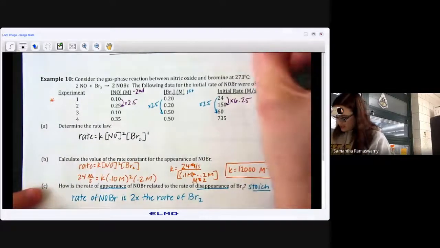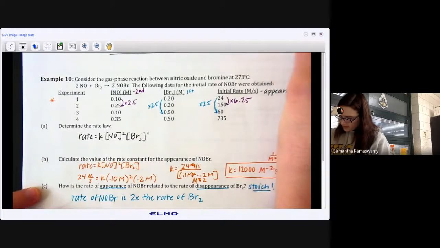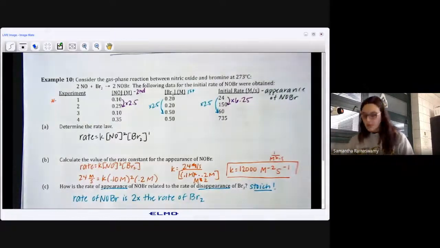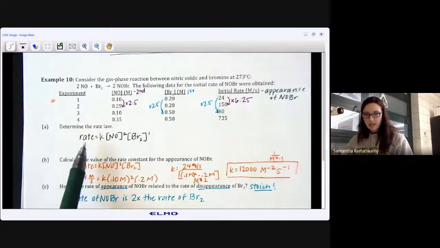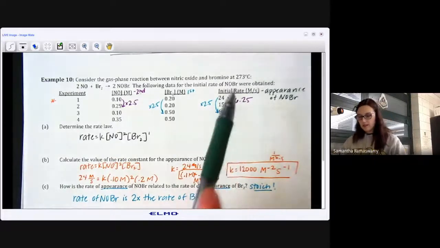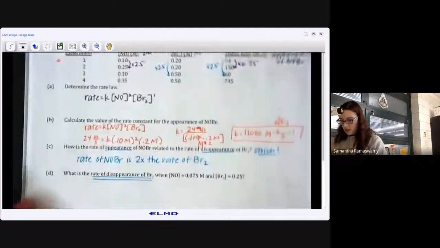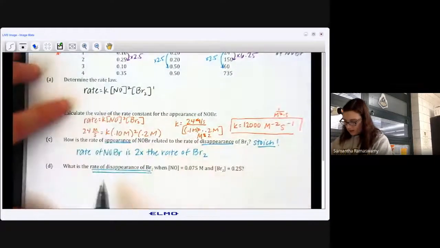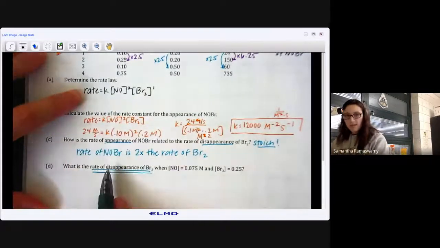So that means that this is the rate of appearance of NOBr. So if I'm solving for rate in this rate law, I'm actually solving for the rate of appearance of NOBr. So I'm going to solve for that first. So I'm going to use the rate law. Right? I'm solving for rate.